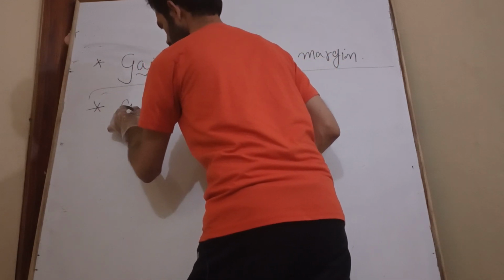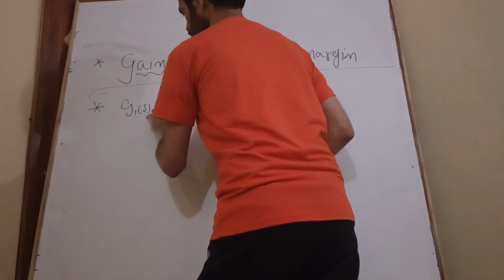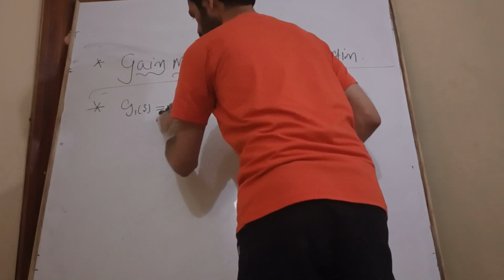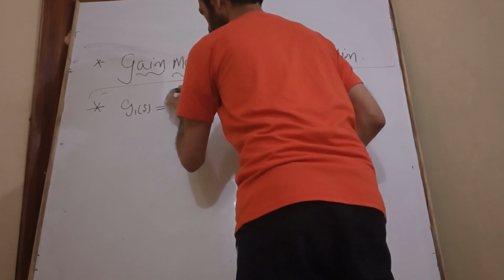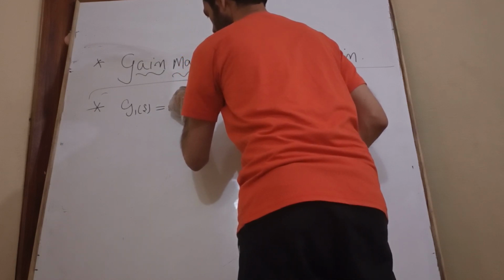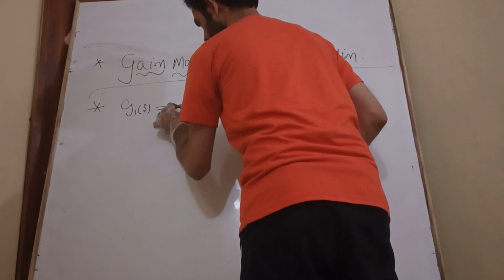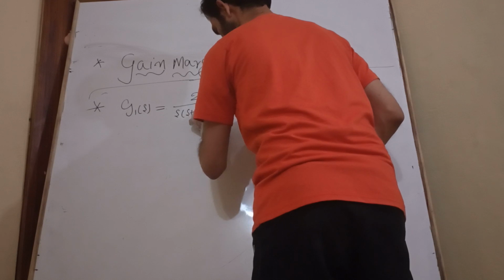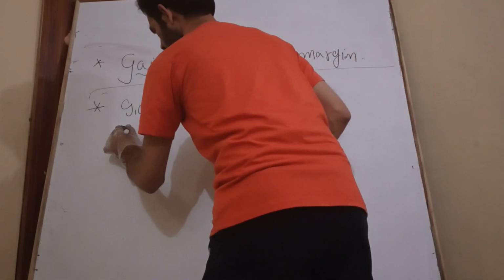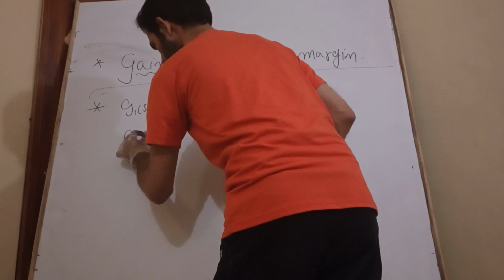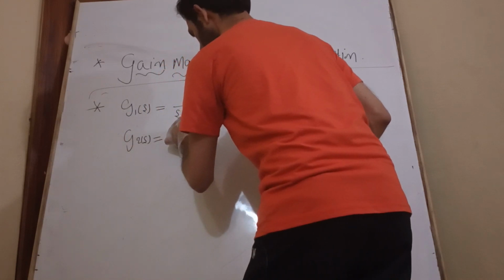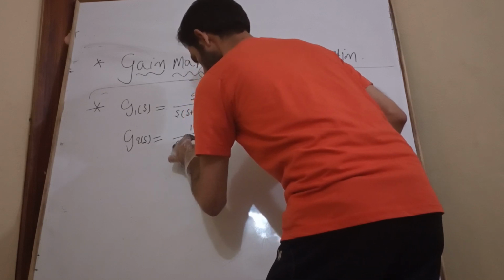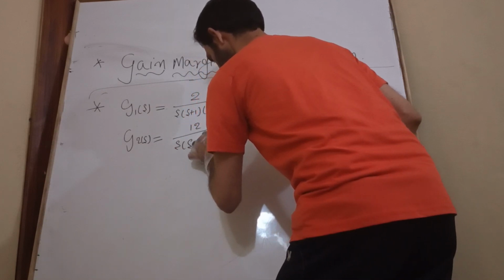Let us say this is my G1 of S. G1 of S is equal to 2 divided by S into S plus 1 into S plus 2, and here I am taking next G2 of S is equal to 12 divided by S into S plus 1 into S plus 2.